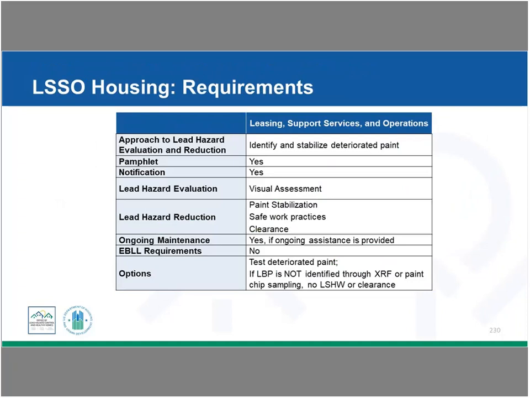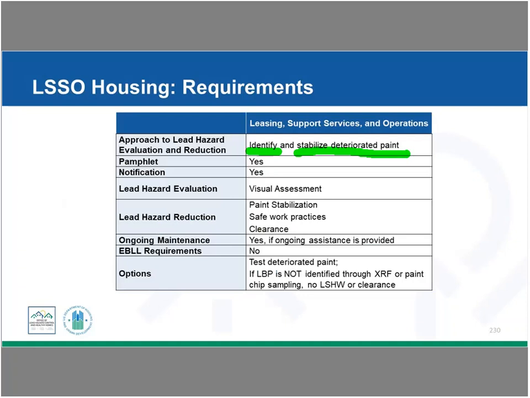All right, so here's our graphic, just to walk us through the requirements on this. Again, we're going to do a visual assessment, and then we need to stabilize any deteriorated paint. Unlike under Subpart J, where we were only dealing with deteriorated paint that we were going to disturb with some kind of rehabilitation, this applies for all deteriorated paint.